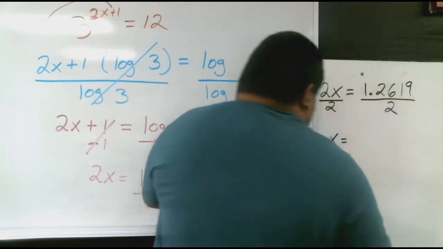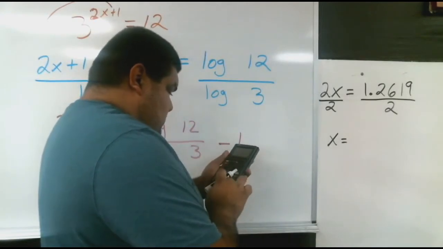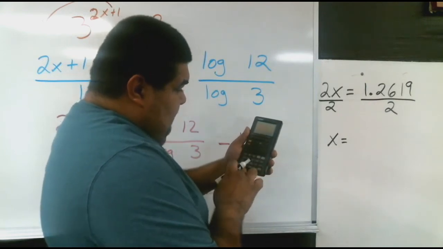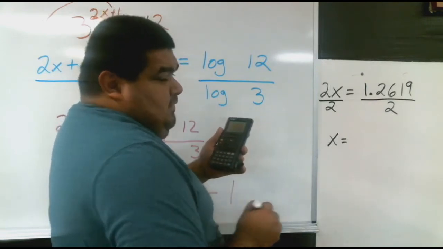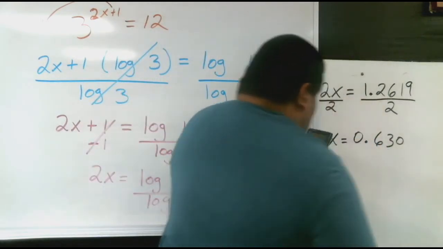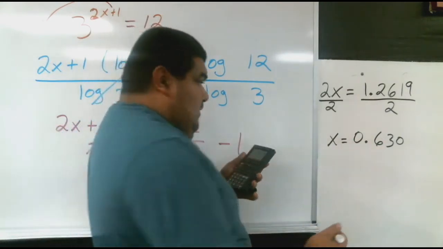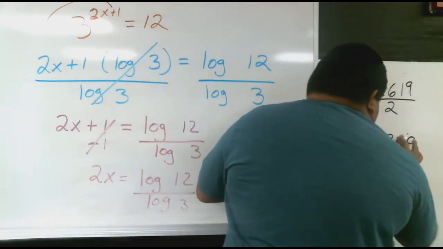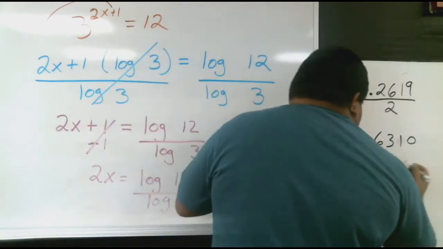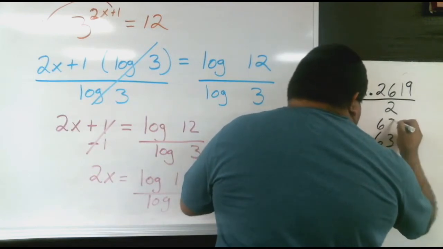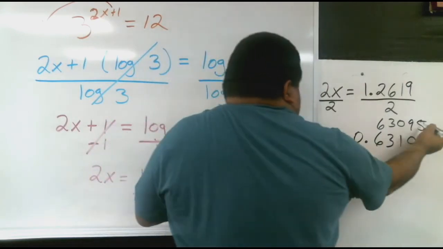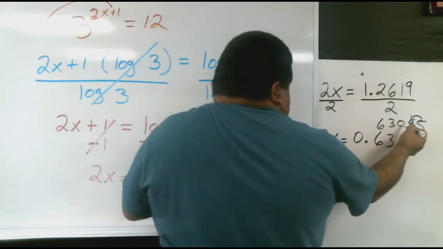So x equals 1.2619 divided by 2, which gives us 0.63095. The 5 makes the 9 a 0, and we have 1 left over.